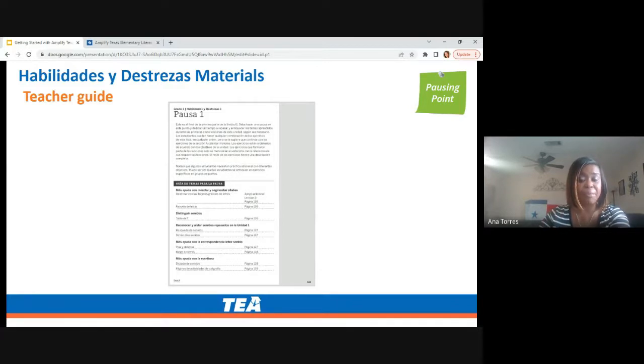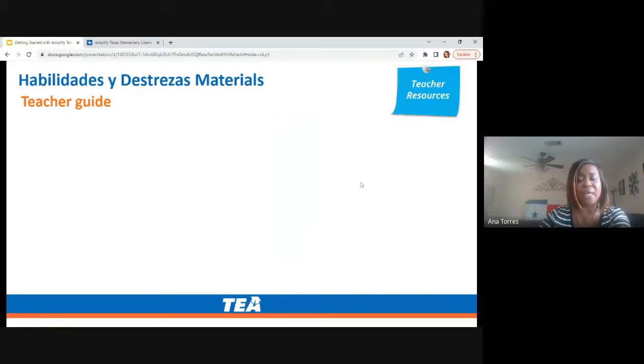So the pausing point section in the teacher guide offers a variety. If you look here, there's a variety of activities that you can pull from to fill those pausing day points for each unit. Again, for enrichment and/or remediation instruction.